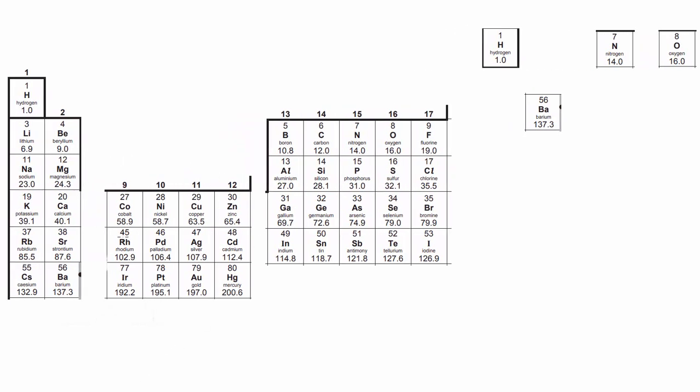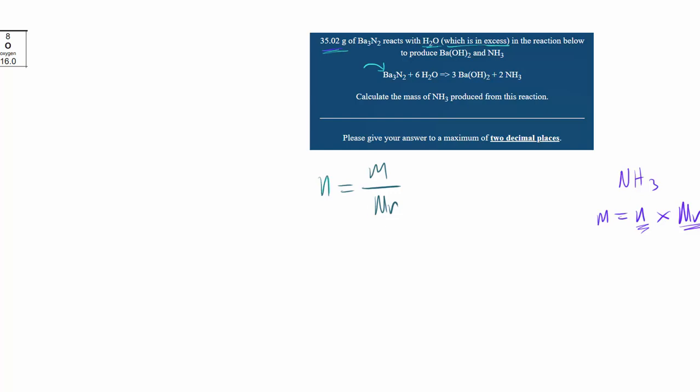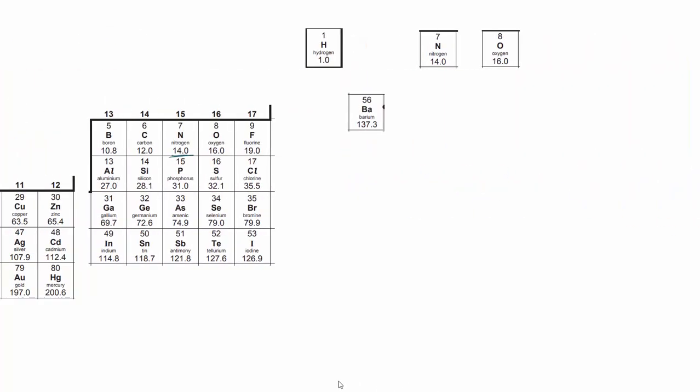So we've got barium here and nitrogen here, and we need to work out the molar mass of Ba₃N₂.